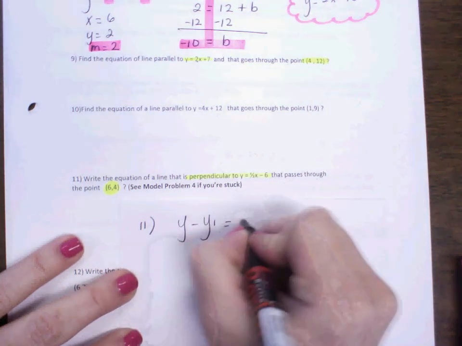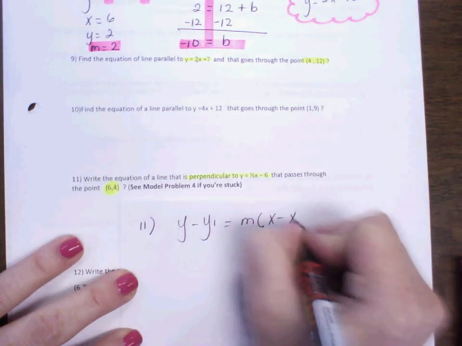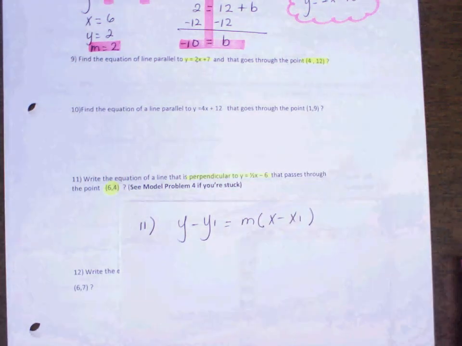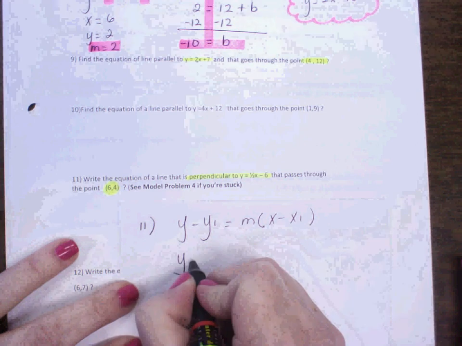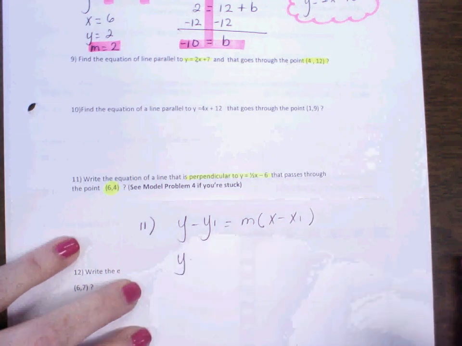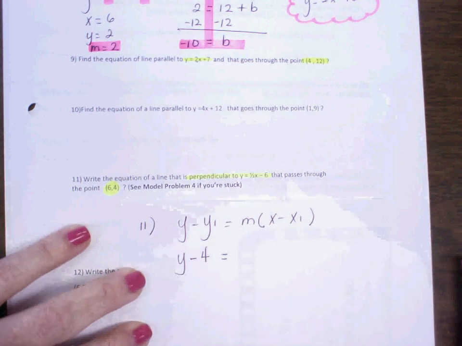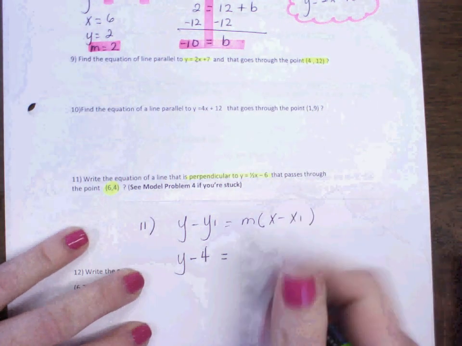It's that really long one, right? Point and slope. All right. So what's your y? Very good. So it's y minus 4.